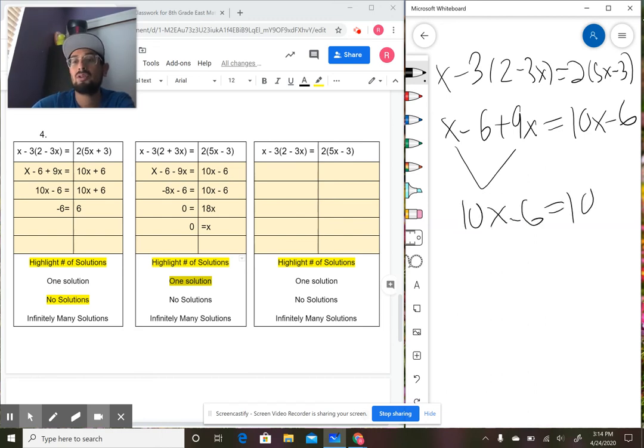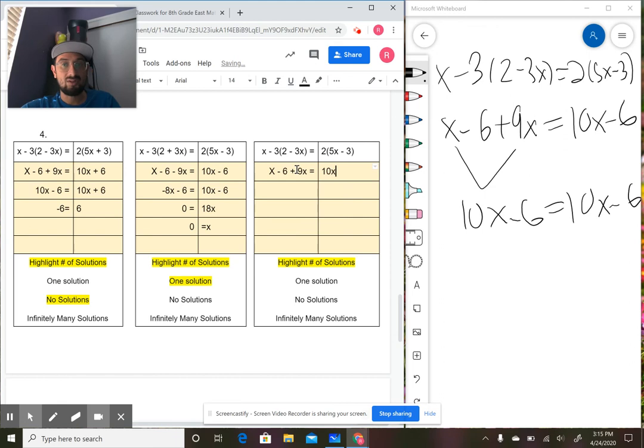So let me show you a shortcut here. Once you have the same thing on both sides of your equation, you could stop right there and make a statement. I'll say that again. Once you have the same thing on both sides of your equation, you can stop there and just go straight to an answer.